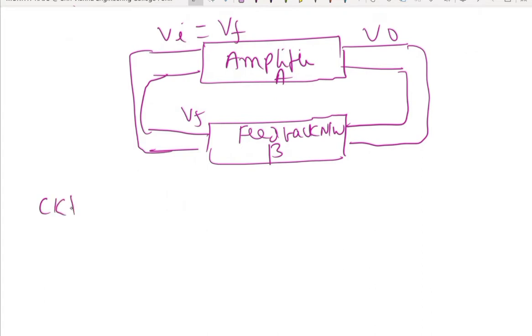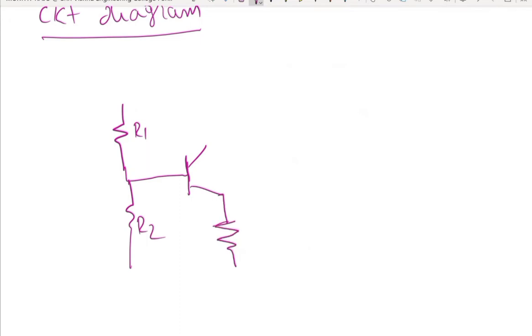Next one, circuit diagram. This one is the amplifier: R1, R2, RE, CE, ground.